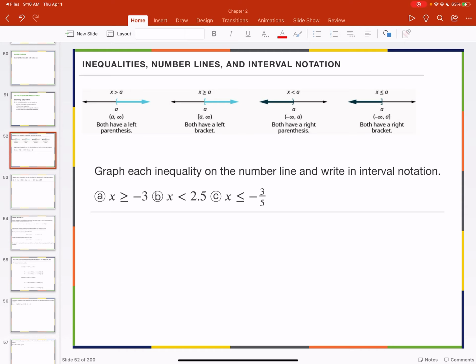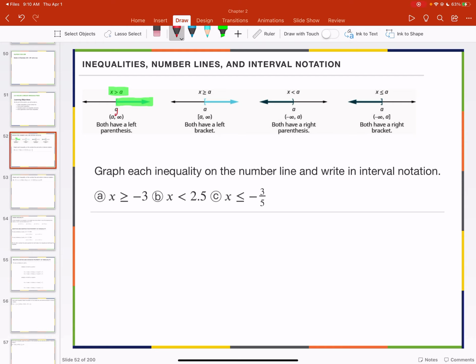Okay, so first of all, let's talk about some inequalities and what they look like graphically, and also interval notation. So there's three ways to write the same thing. Okay, so when you see x strictly greater than a, what that means is the set of all values that's exactly to the right of a on the number line, but not including a.